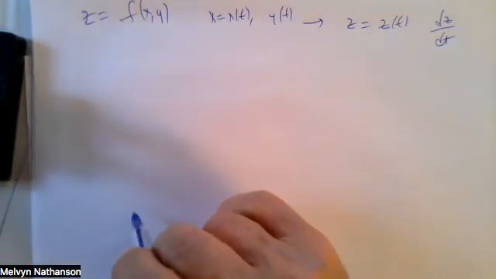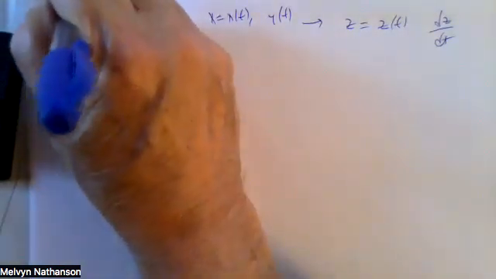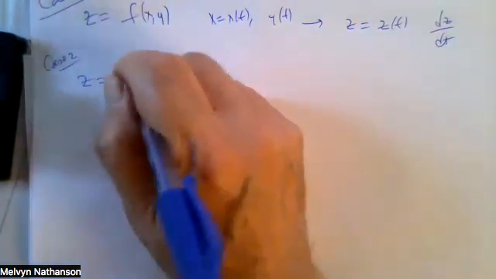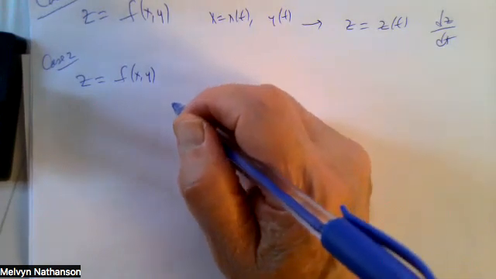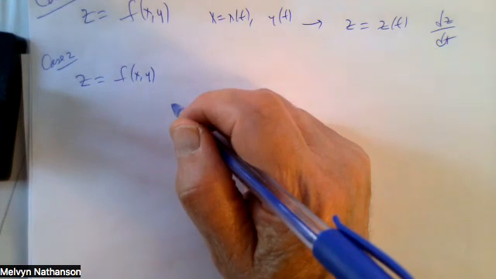But we can also have the case where z, so this is case 1. In case 2, z is some function of x and y, but now x and y are both functions of, let's say, two variables.